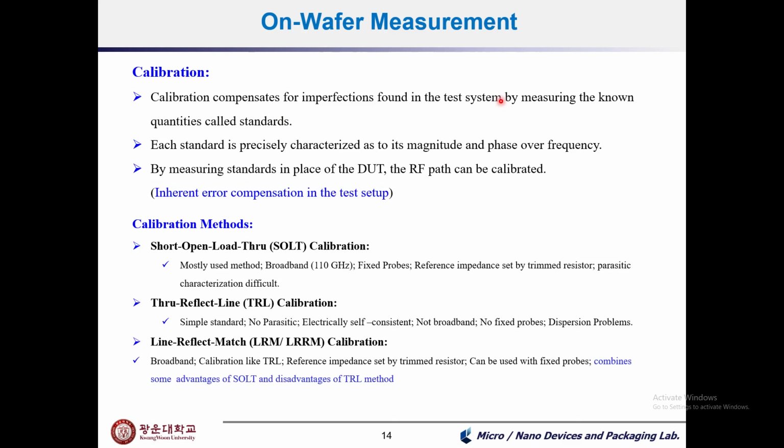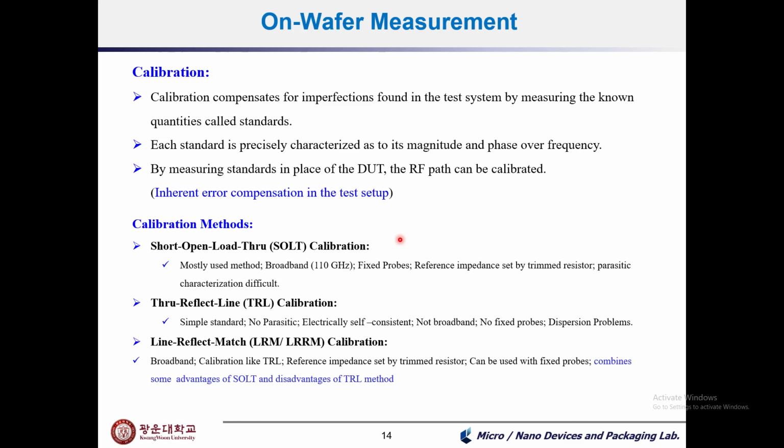In this case we use some known quantities to measure, and these quantities are called standards, and each standard is precisely characterized in its magnitude and phase over frequency. By measuring these standards in place of the device under test, we can calibrate the RF path so that any inherent errors in the test setup can be compensated.